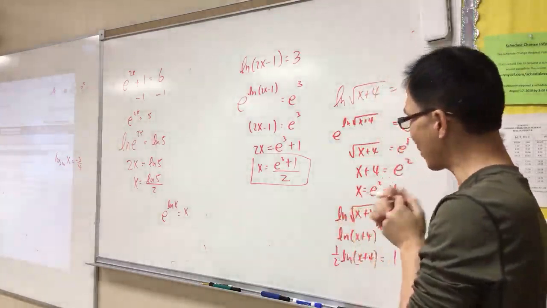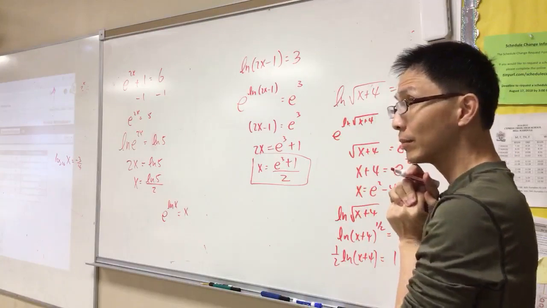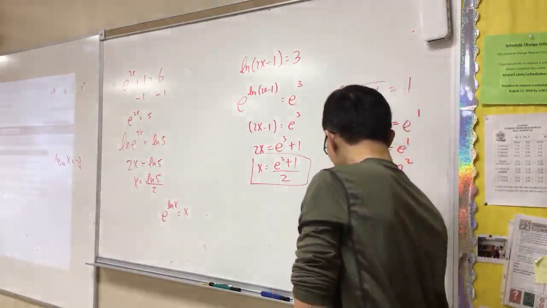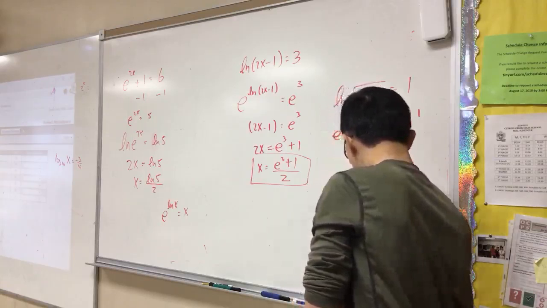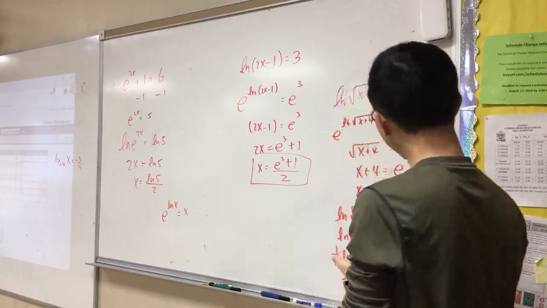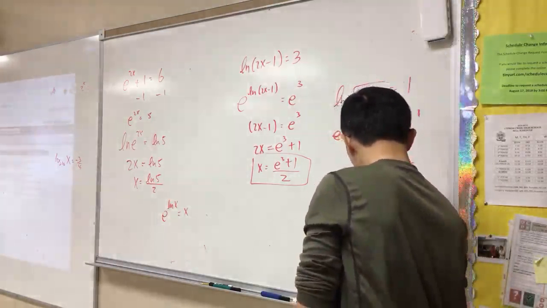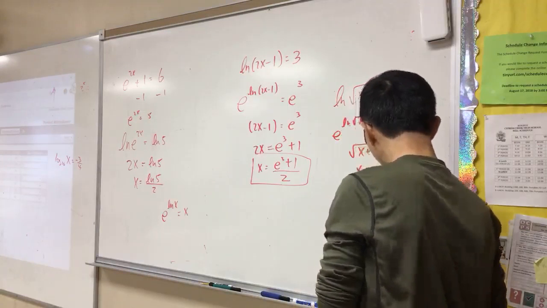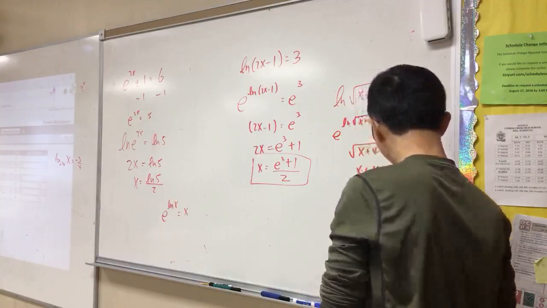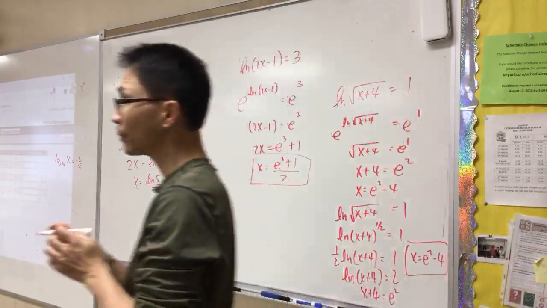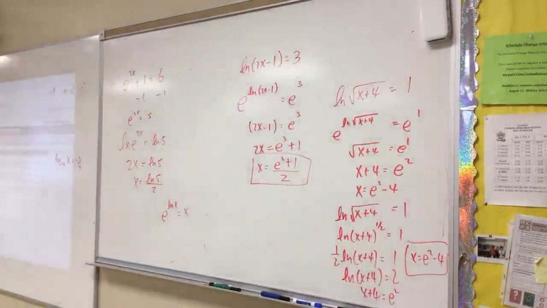Why can I e to the both sides? Because there's 1/2 in the front. But how do we get rid of 1/2? Multiply by 2. And you're still going to get the same answer as this one, right? So it'll be x plus 4 is equal to e squared, and x equal to e squared minus 4. You still have the same answer as here, regardless what happened.